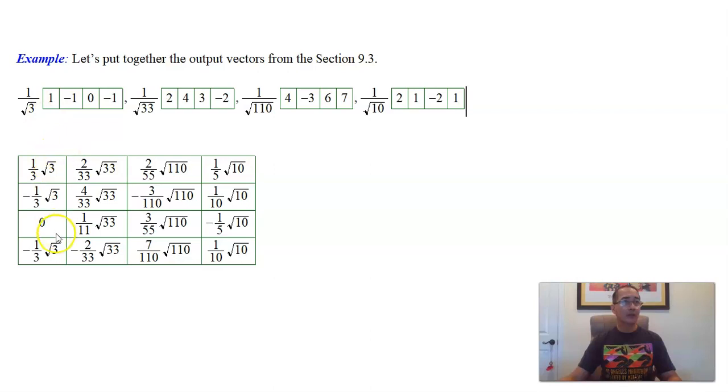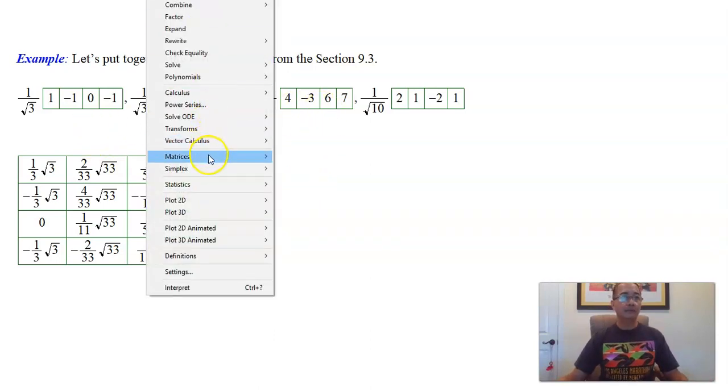Okay, so here's column 1, column 2, column 3, and column 4. Okay, so Maple thinks it's being helpful by simplifying the fraction into lowest form and rationalizing the denominator. Fine. It's still the same vector. Every column is the same as this vector.